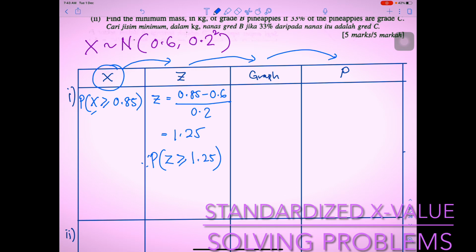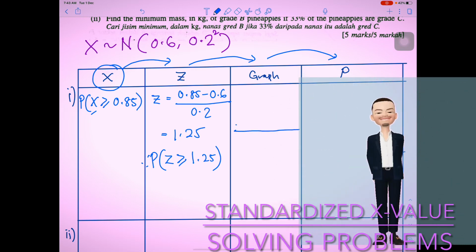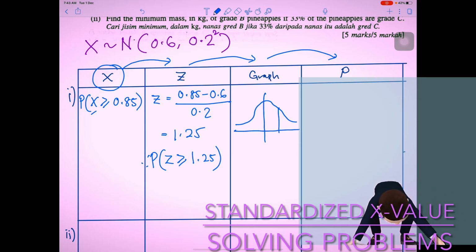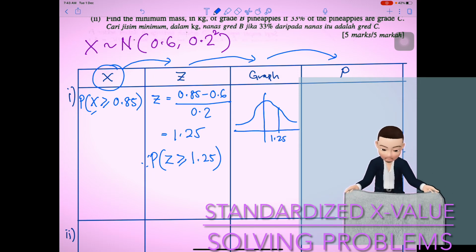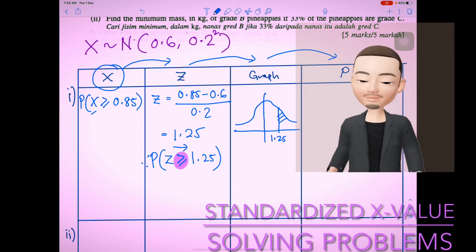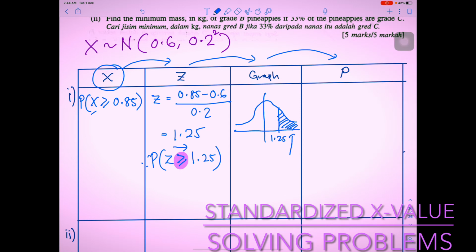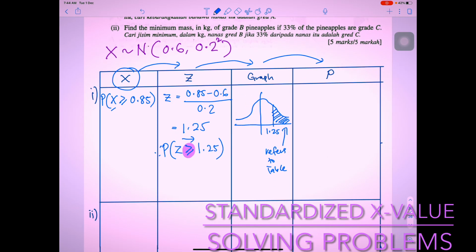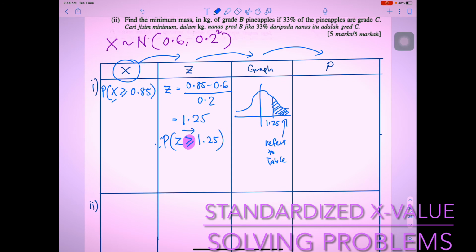That means sketch the graph. Sketch a bell curve, mark 1.25, and the direction of the inequality is to the right. So from here we can refer directly to the table. Direct table, 1.25.